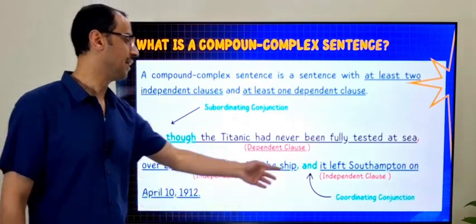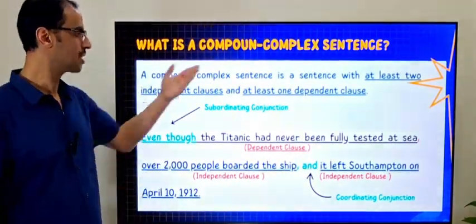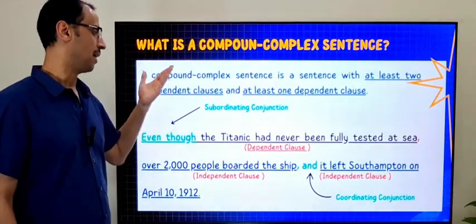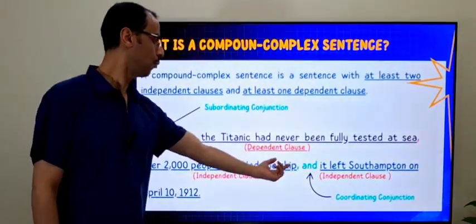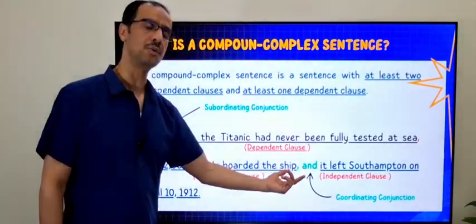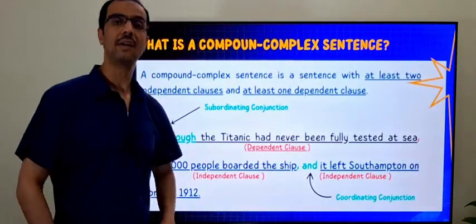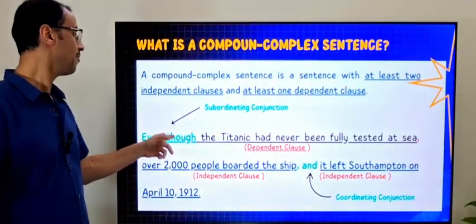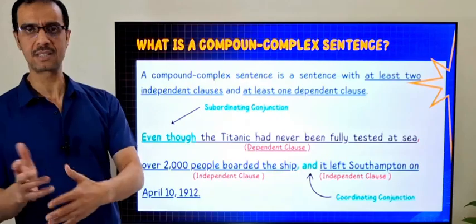This is also an independent clause because it can be a simple sentence by itself. So in this sentence, we have one dependent clause and two independent clauses. Don't forget that these two independent clauses are connected with and, that will make them a compound sentence. With even though, that is a complex sentence, so it is a compound complex sentence.